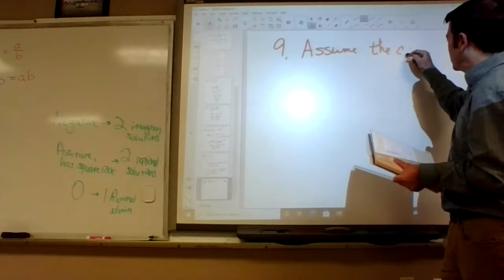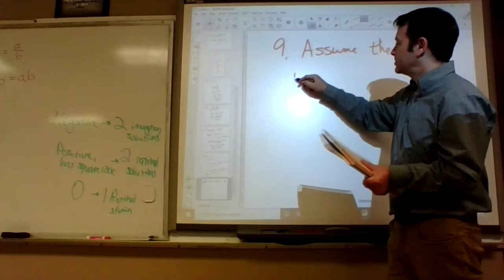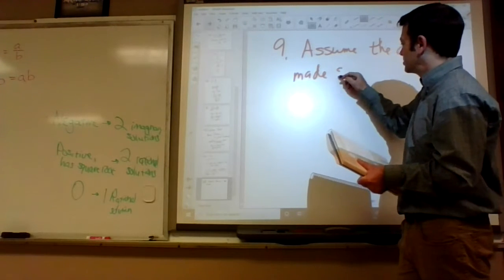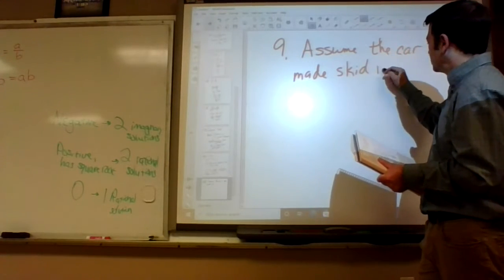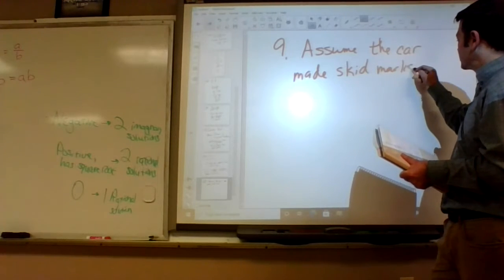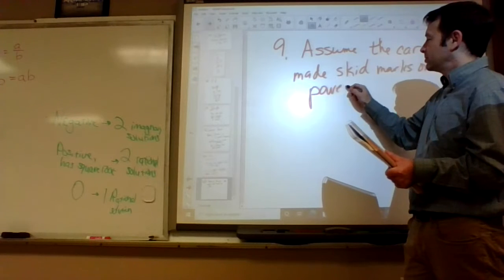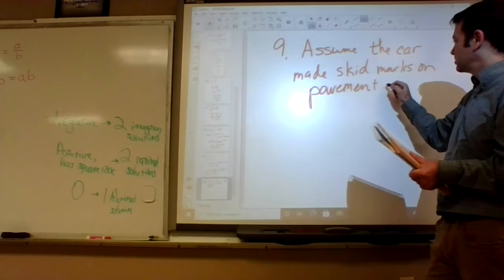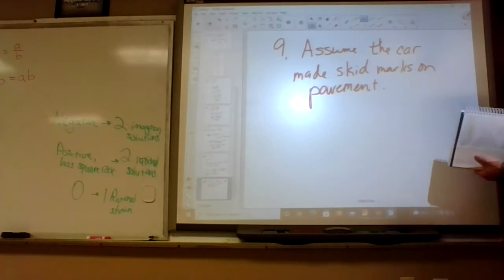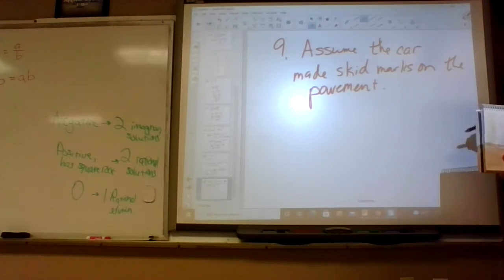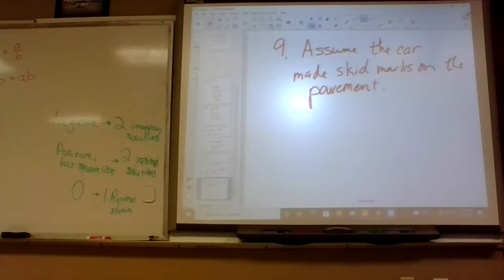Assume the car made skid marks on the pavement. We are not actually going to prove it. We're just starting a proof, starting by assuming the opposite.